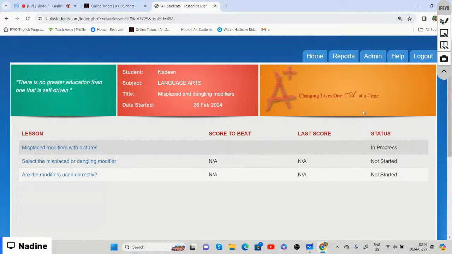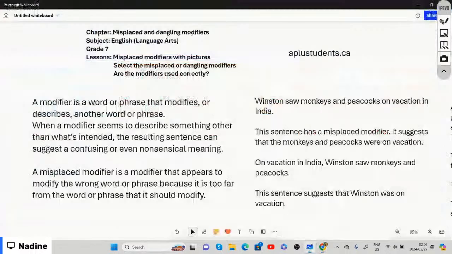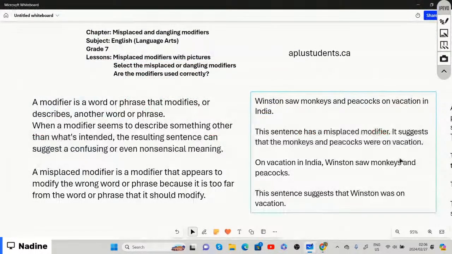All right. So our chapter is misplaced and dangling modifiers. Our subject is English language arts, grade 7.